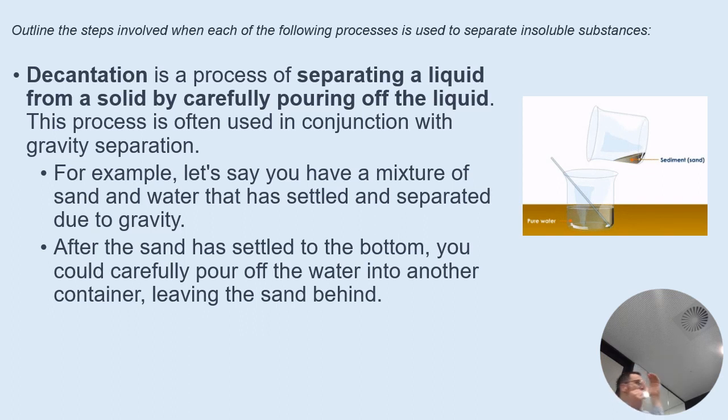The rest of the wine is delicious, right? So you pour that into a decanter. It's a way of separating that sediment, the bit that deposits out, from the wine. So gravity separation separates by density: the insoluble substance settles to the bottom of the container. Decant means to pour off.